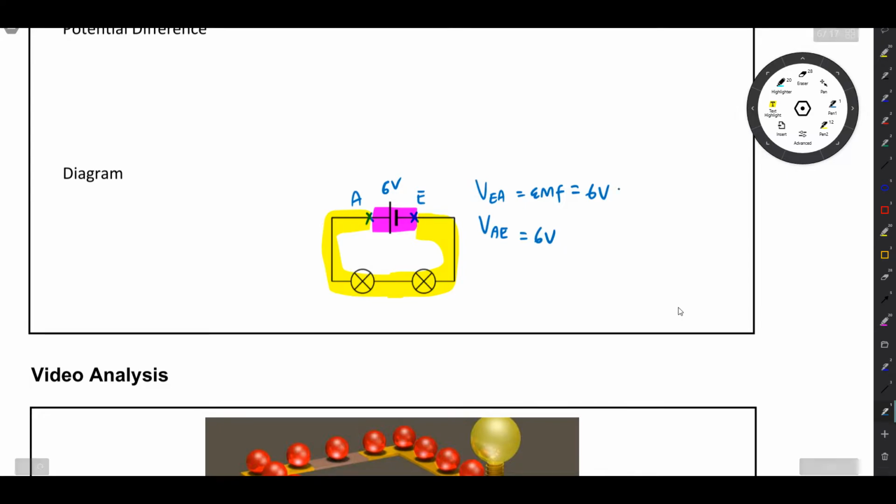This one is a gain in electrical potential energy, whereas this one is a loss of electrical energy to other forms such as light. In this case it's particularly light because it's a light bulb. So with this idea, we can move on.